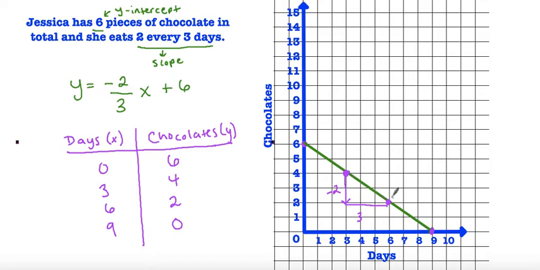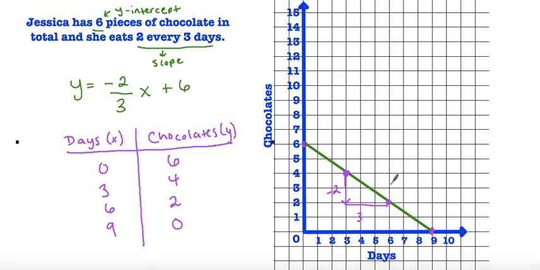So from this coordinate to this coordinate, just be mindful that you're going down. I could draw my triangle like this, but just keep in mind that this part here represents our chocolates, and it's still going down from 4 to 2, even though our triangle looks different.